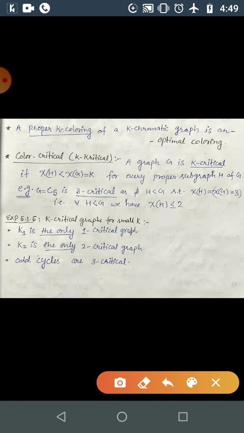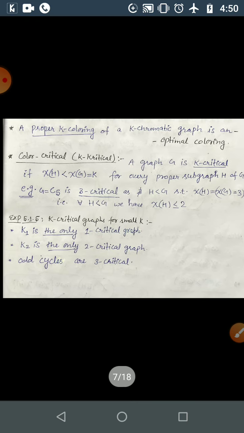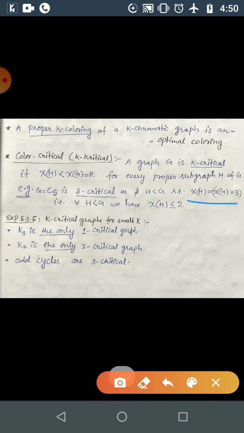So here C5 is 3-critical because there does not exist any proper subgraph whose chromatic number is 3. The chromatic number of C5 is 3, and there does not exist any proper subgraph H of this G such that the chromatic number of H becomes the chromatic number of G. That means for every proper subgraph of G, the chromatic number is less than or equal to 2.